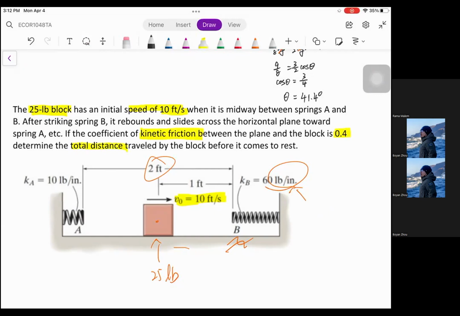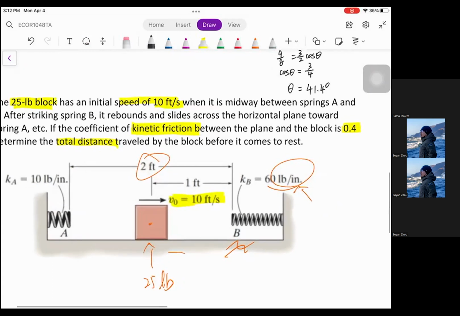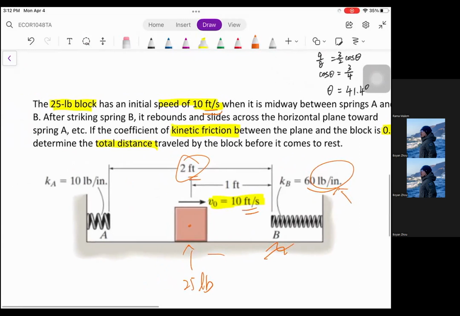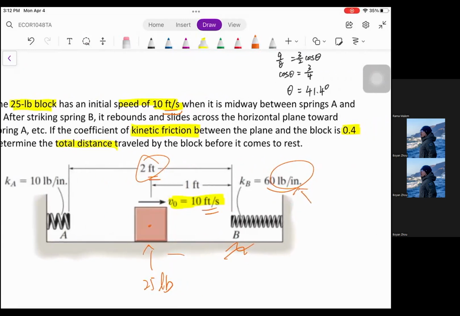So before we do the question, we want all the units to be the same. So here we notice everything is actually in feet. The speed is in feet, the distance is also in feet, but the given units for the coefficient of the spring is in inches.